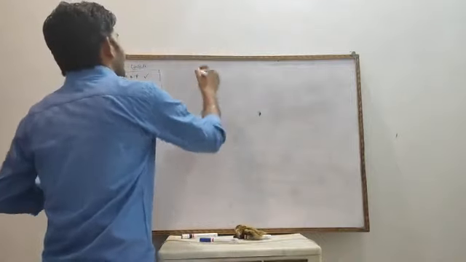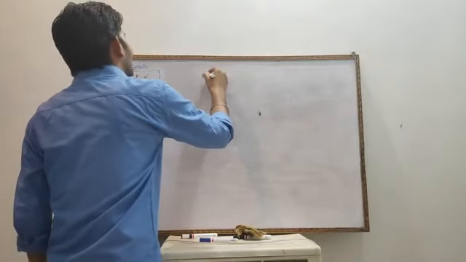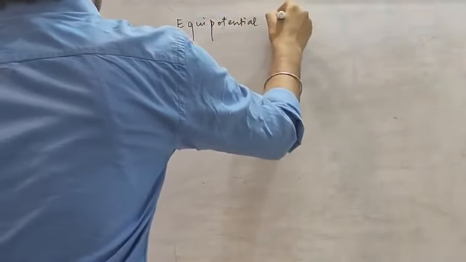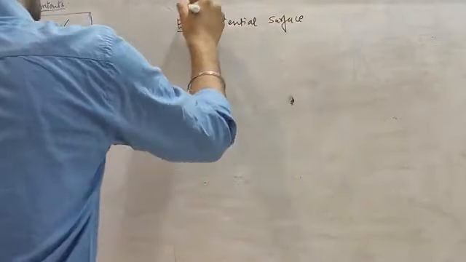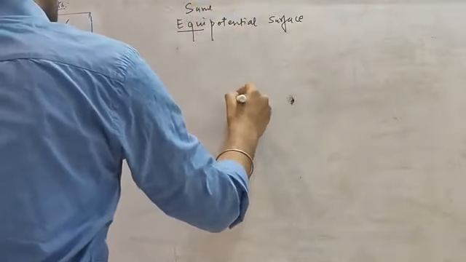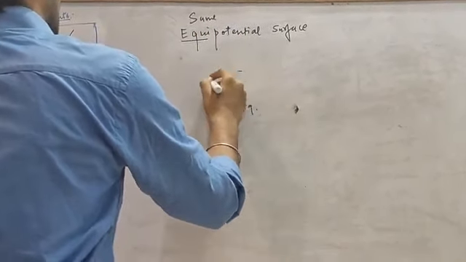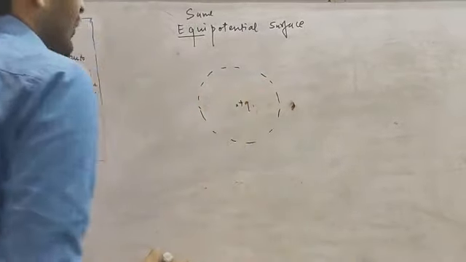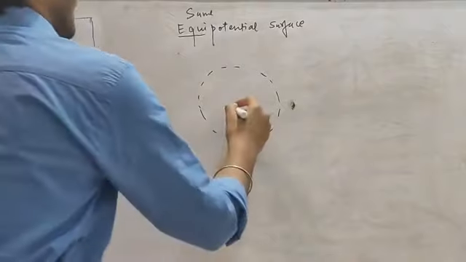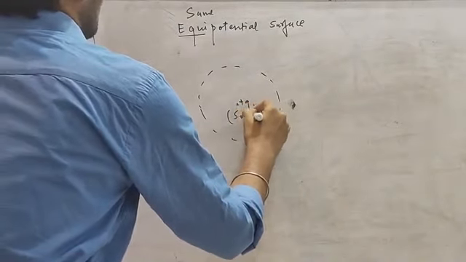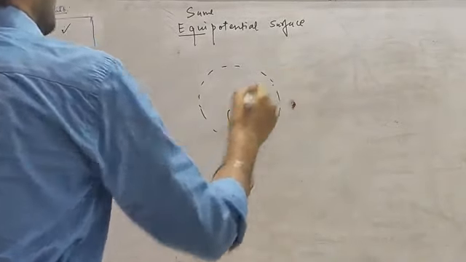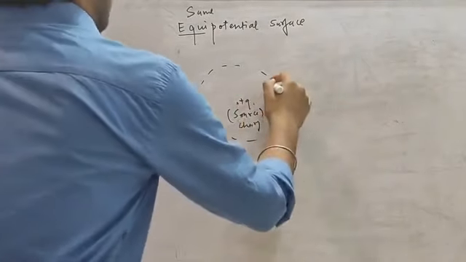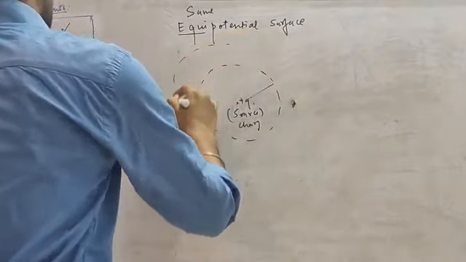So as the name itself reveals, equipotential surfaces. Equi means same potential. Suppose this is the test charge and this is the region where it will experience some potential. This is the source charge, and in this region if a test charge is placed, it will experience a force.